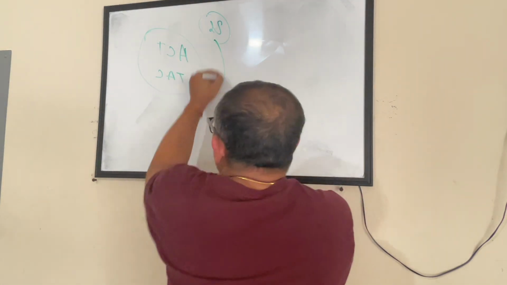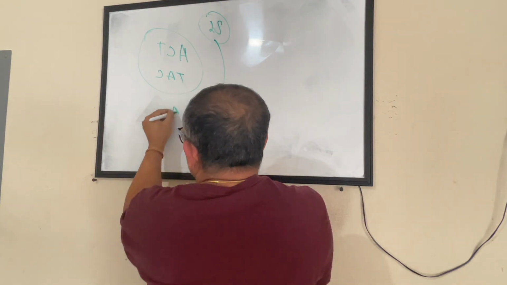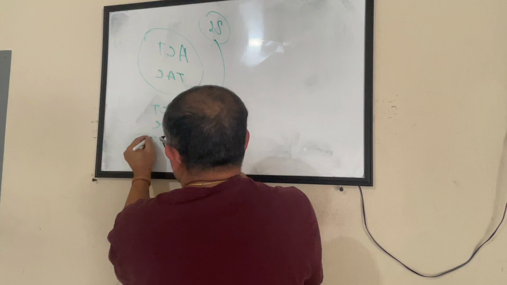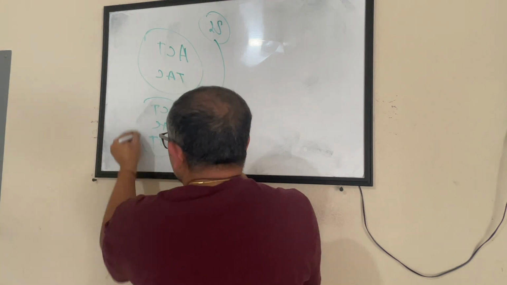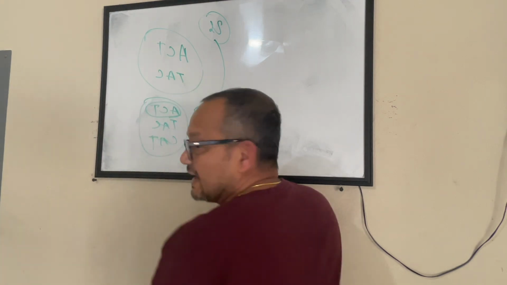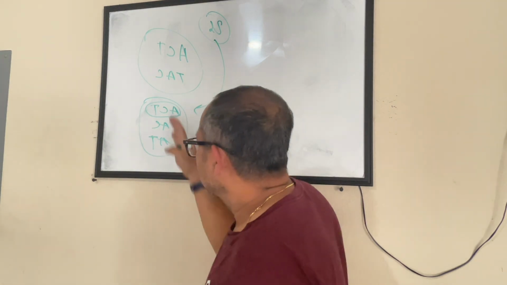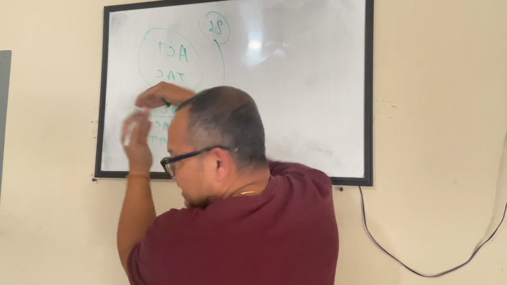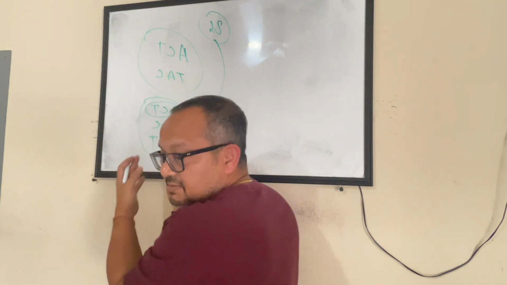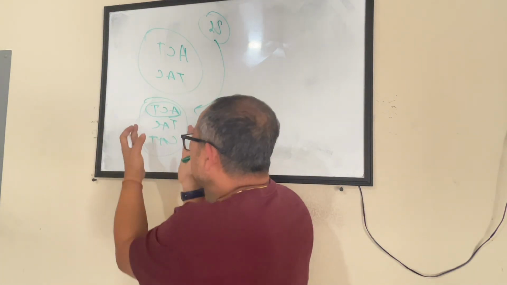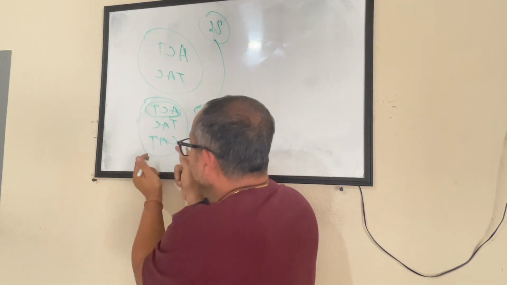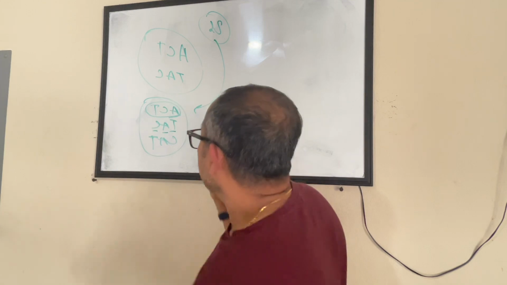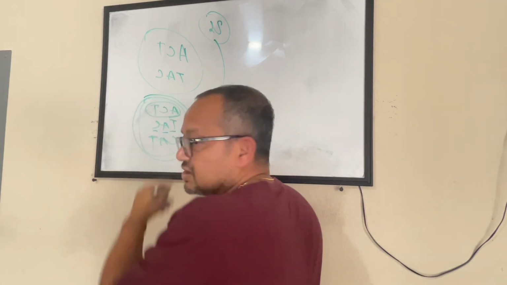But when you look at combination, it says you have ACT, TAC, CAT, all of these are formed by 3 characters A, C and T. It doesn't matter whether they are jumbled up or in the same order. As long as the actual characters are the same, this will be treated as one combination.